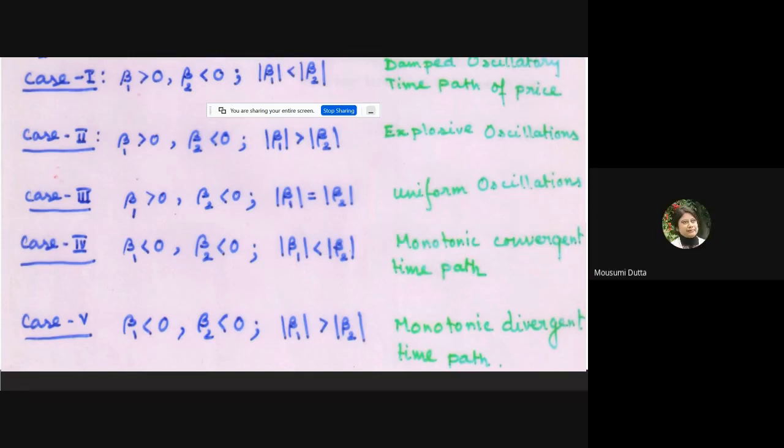Did it? Please check what will be the nature of the time path in this case. Draw your diagram.